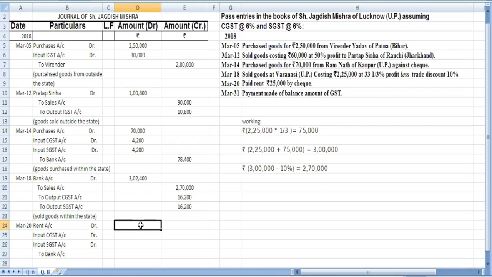So here rent was 25,000. 6% of 25,000 is 1,500. Then again it is 1,500, and then we have here is 28,000.